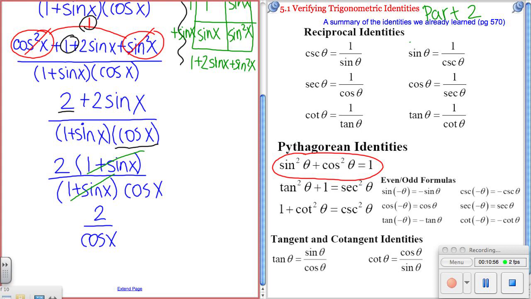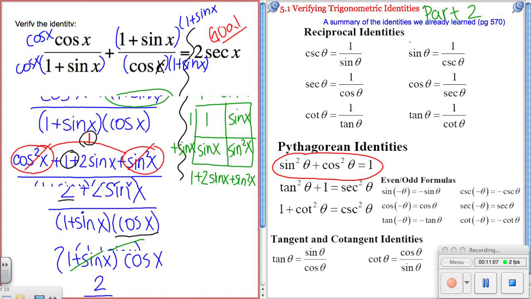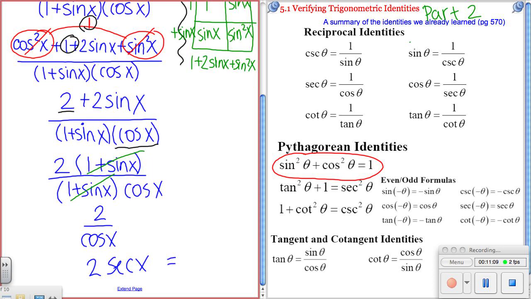And 1 over cosine x is the same thing as secant. So I'm going to rewrite this as 2 secant x. And if we go up here for a minute, that's our goal, 2 secant x. We just made that happen with a lot of algebra involved.